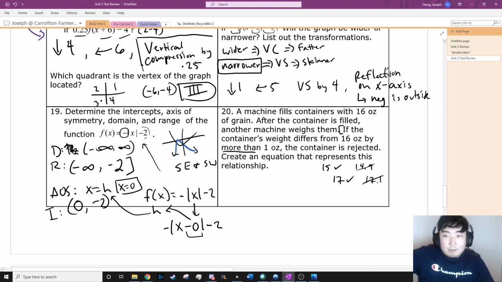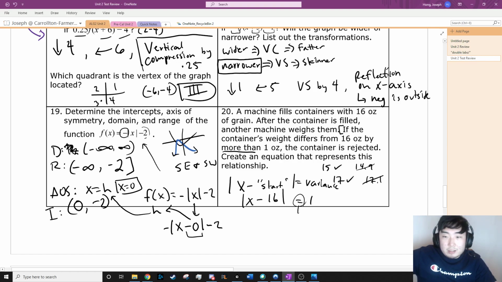So the way that I have to represent this is like so. Absolute value x minus start is equal to variance, or margin of error. So the margin of error is 1 ounce. The start is 16 ounces. But I have this equal sign.